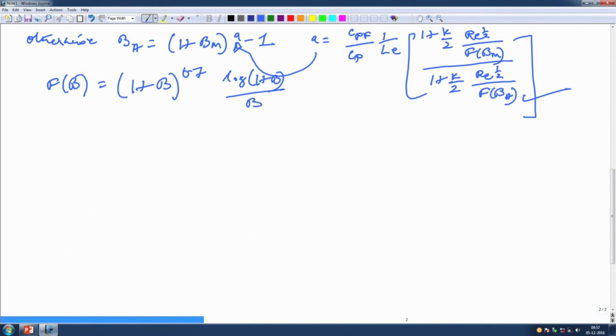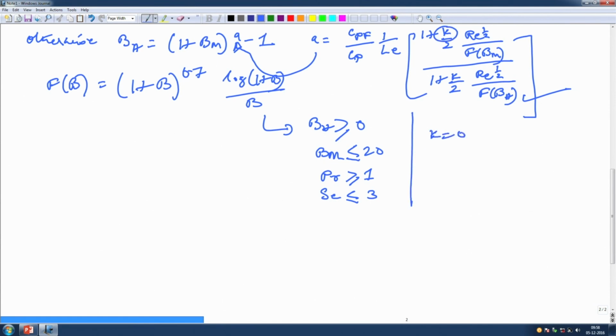Now, this is valid usually for Bh greater than or equal to 0, Bm less than or equal to 20, Prandtl number greater than or equal to 1 and Schmidt number less than or equal to 3. And this K that you see over here is about 0.781. So, this comes from the solution of Faulkner-Skan.